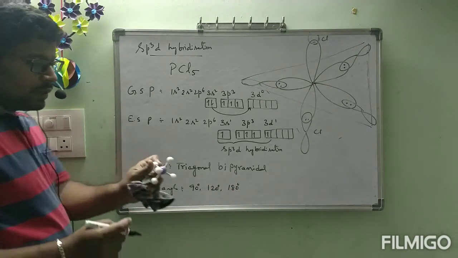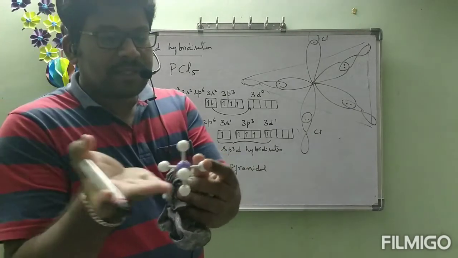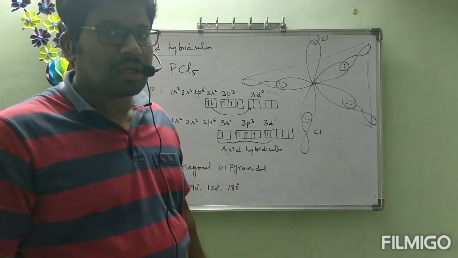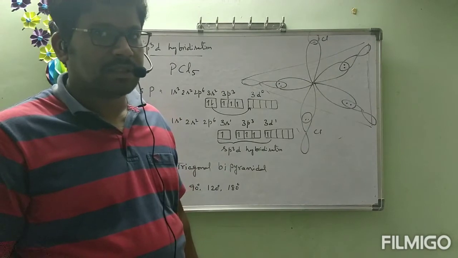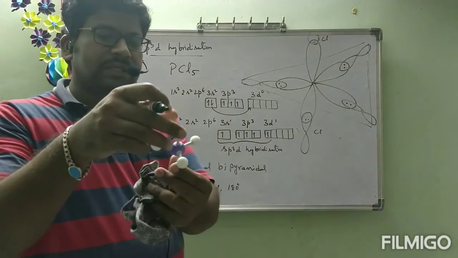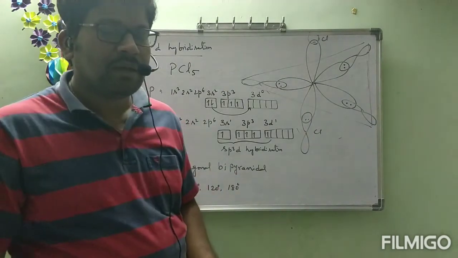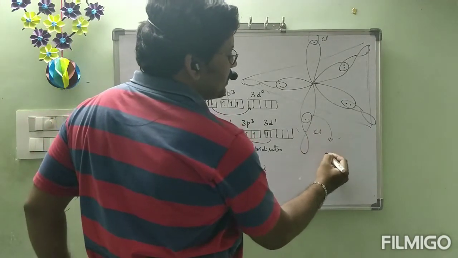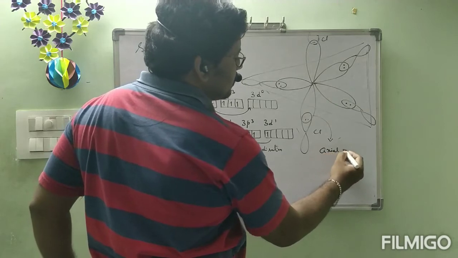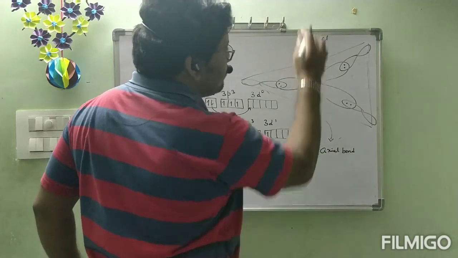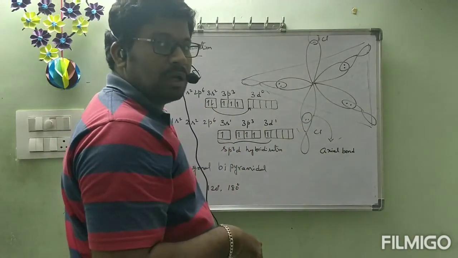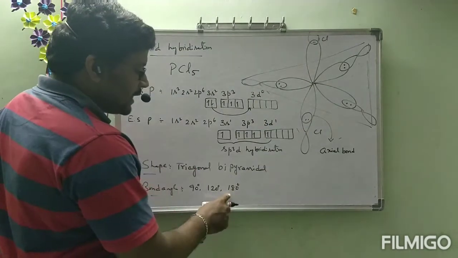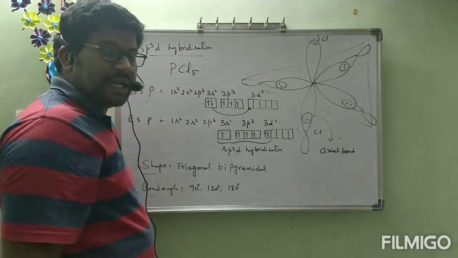Now the bonds which are present in the plane are called equatorial bonds, and the bonds which are present above the plane and below the plane are called axial bonds. See, this is called an axial bond. Even the above one is also called an axial bond. Angle between the axial bonds is 180, a straight line.